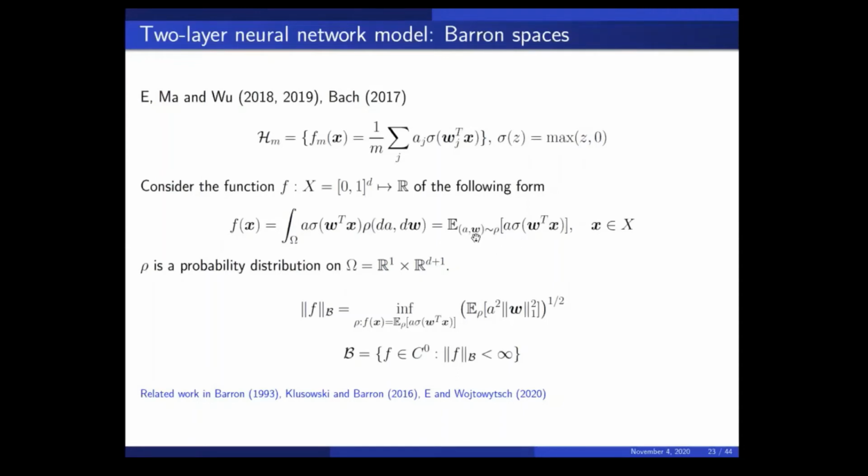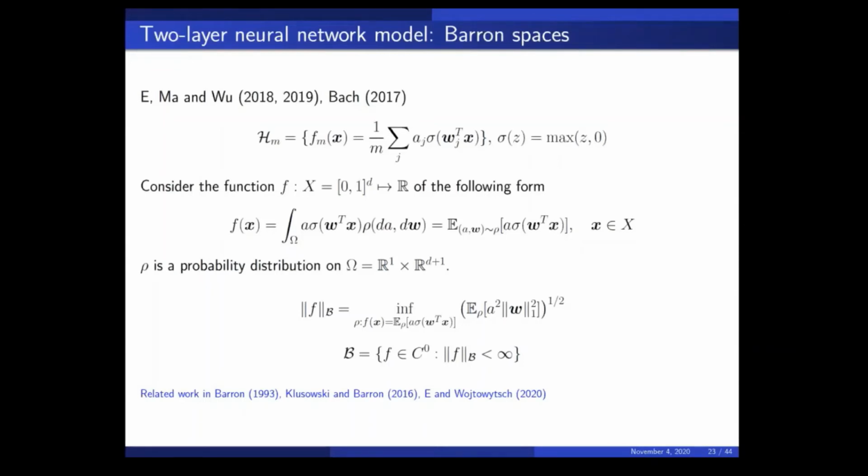For these kinds of functions, we're going to define a norm, which we call the Barron norm, in order to honor Andrew Barron, who has made a lot of contributions to this. Now, notice that Barron also defined his own norm. It's different from this. So this is what we call the Barron norm, and it seems to be accepted terminology in the machine learning literature.